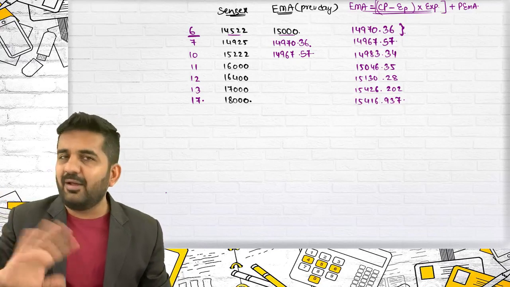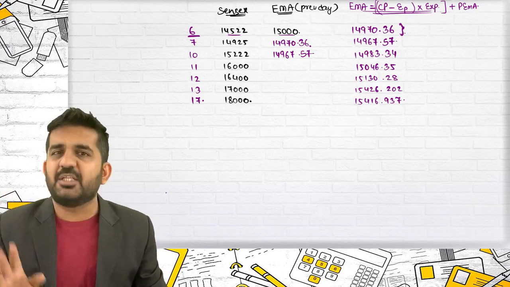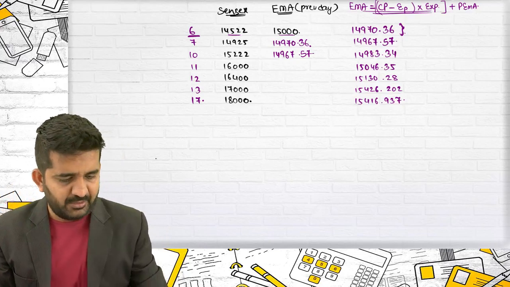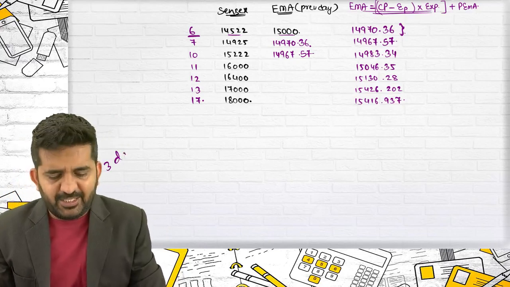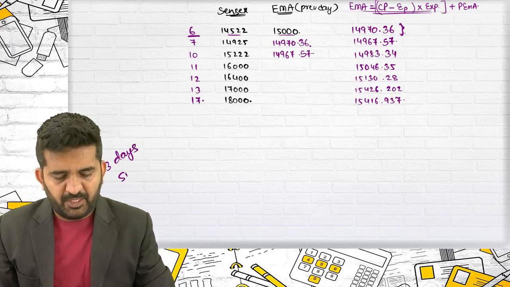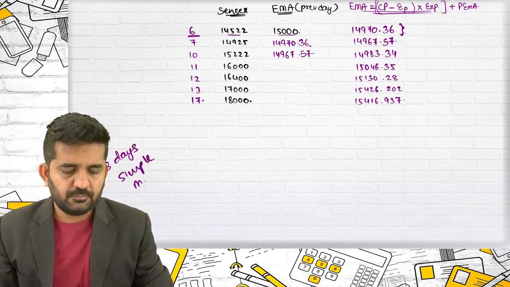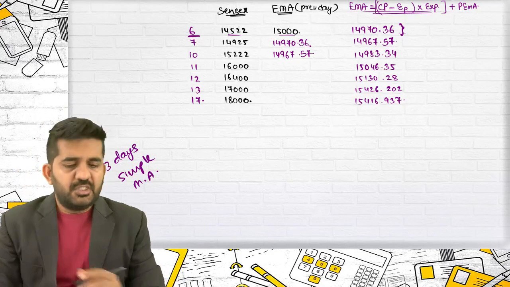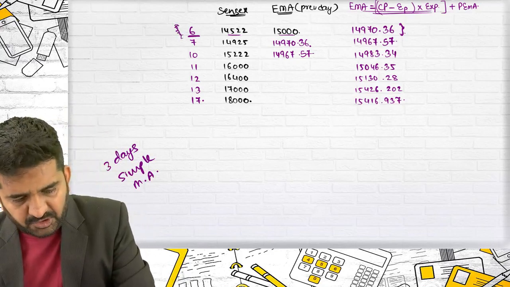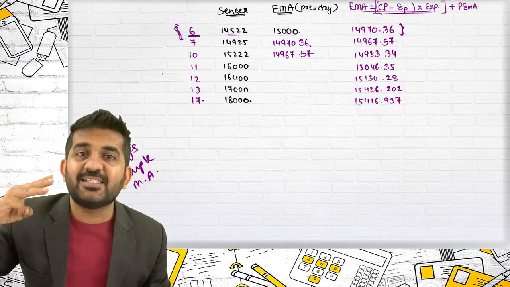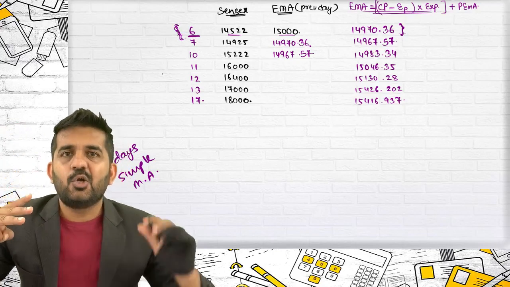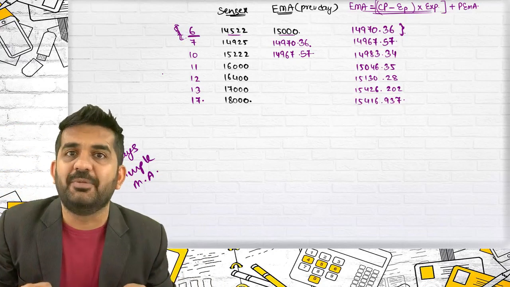I'll teach you simple moving average, and then the idea will be absolutely clear. Suppose this is the data, and I'm finding out 3 days simple moving average. See what will be done on the 6th day. Try to concentrate. The 4th, 5th, and 6th date closing price average will be taken.